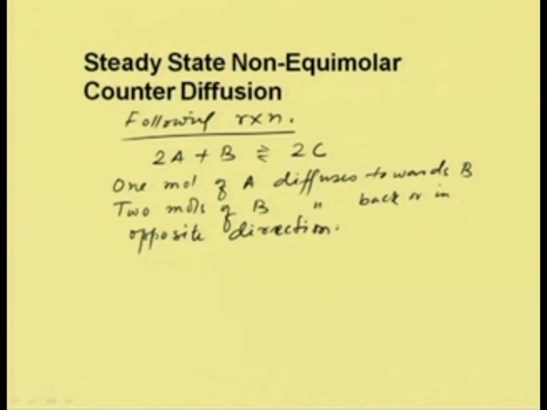So, in this case N A will be minus N B by 2, and we can derive the governing equations considering our basic equations.